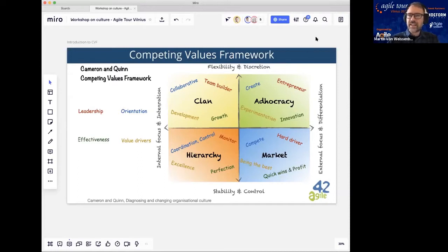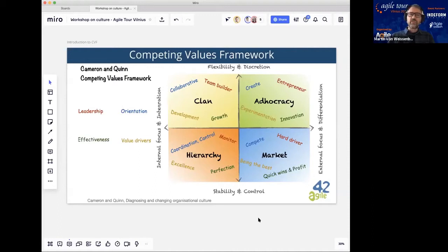Typically, leadership is the leading one. So you would see that the way the leader is interacting with the teams is setting the tone for the whole culture. The next step typically is the way people are doing the work, how we are oriented towards our work. From that follows how we understand effectiveness, from the practical stuff we do.